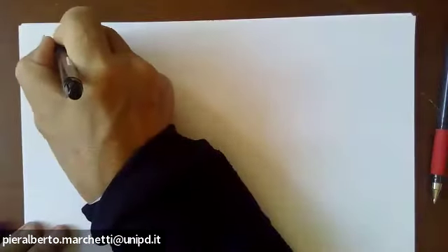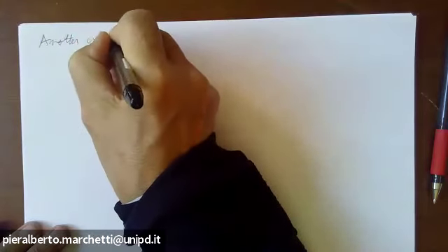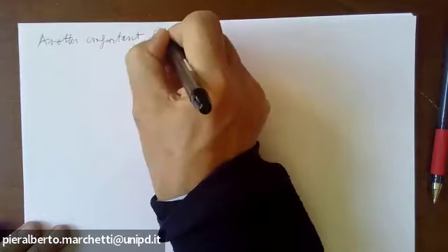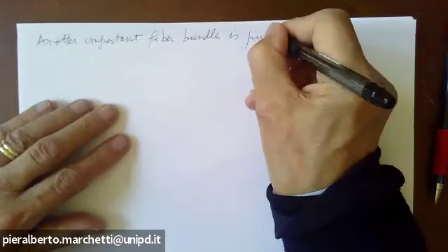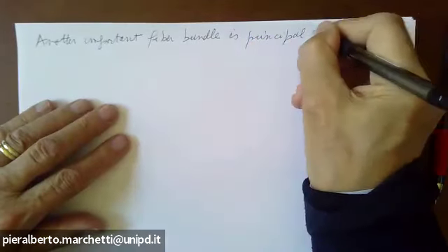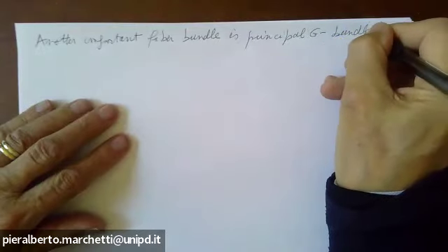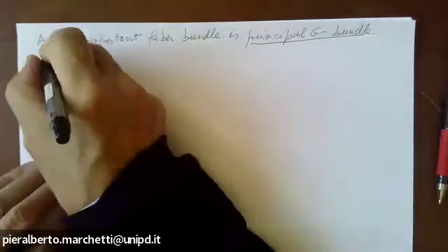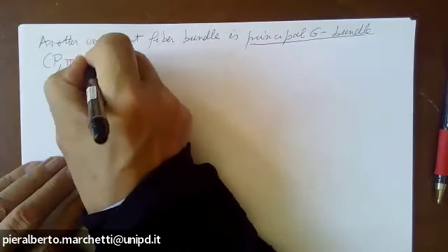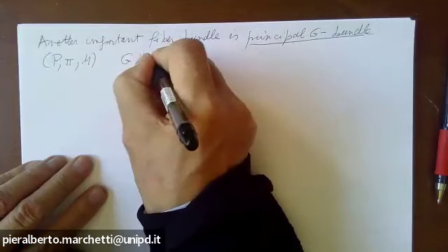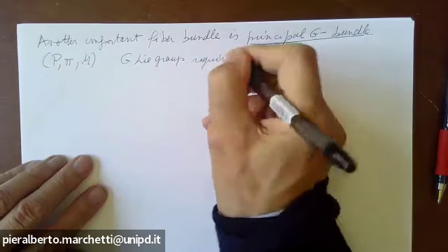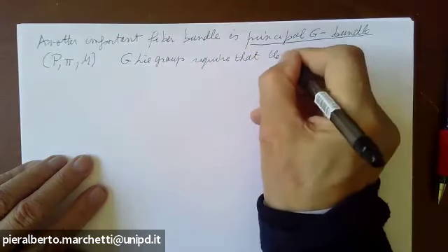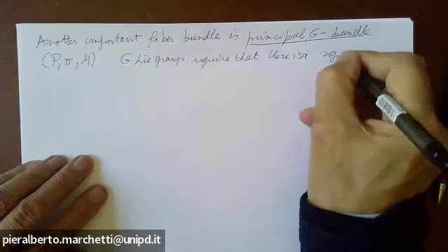So another important fiber bundle is what is called a principal G bundle. So let's denote by P, usually P, π, and M. And if G is a Lie group, you require that there is a right action.